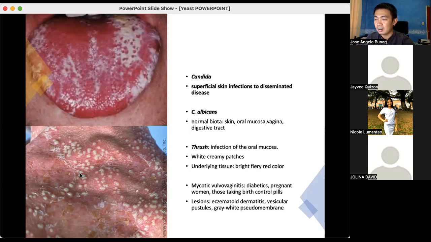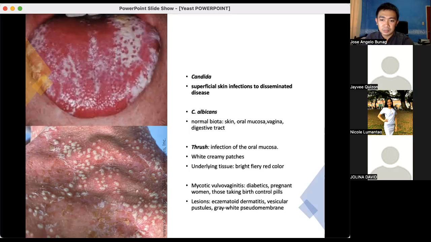Pag sobrang severe yung infection in the skin, you could have tissue biopsy. You could also use urine and even mga exudates natin to diagnose certain conditions of a patient.